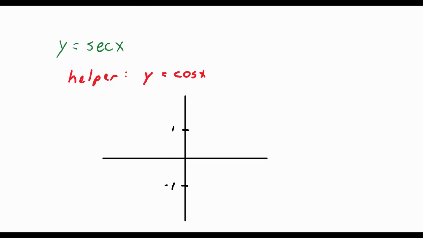And remember what the cosine function looks like. I'm going to do this as a dotted curve. You start at the maximum height. It goes down, hits the x-axis, goes down to the minimum height, and then back up again. That's the part of the wave that you graph.